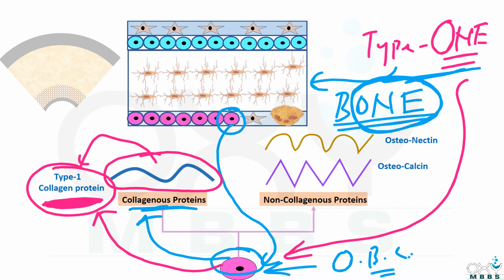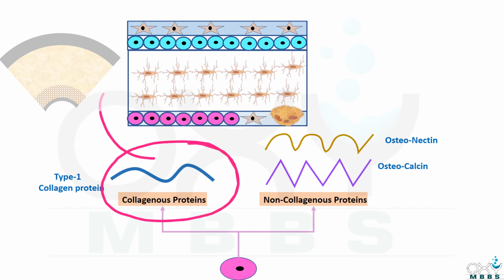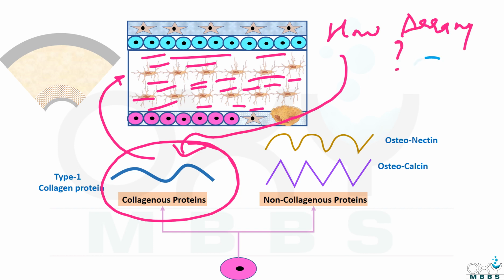It means in the bone type 1 collagen proteins or collagen fibers are present, and these collagen proteins form a framework in the bone. And now one very important question is how these collagen fibers are arranged within the bone. Let's suppose this is a bone and these are osteons which run parallel to the long axis of the bone.